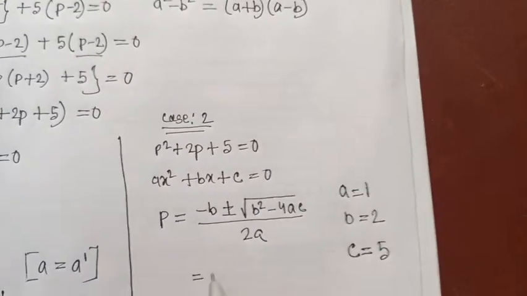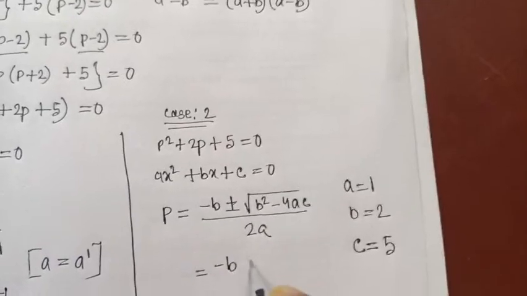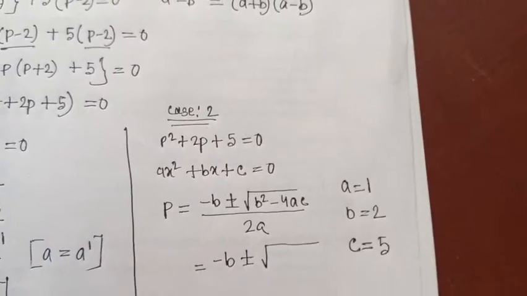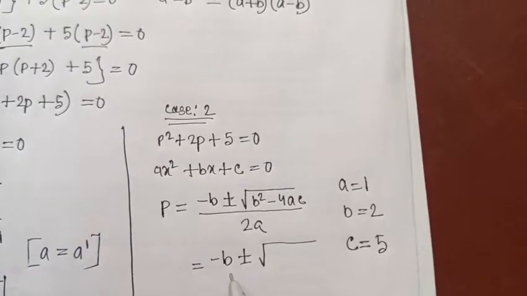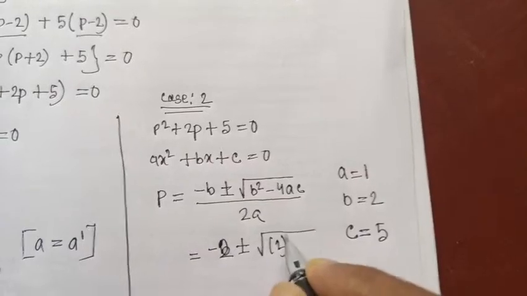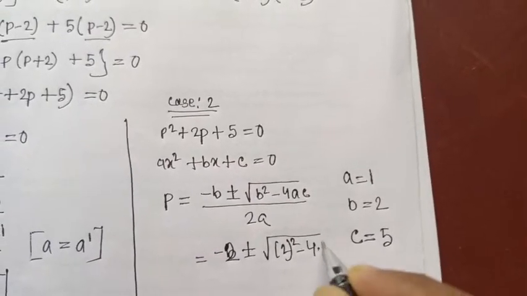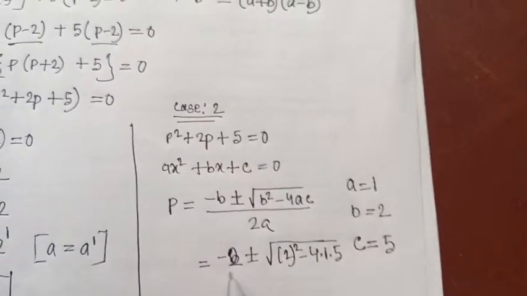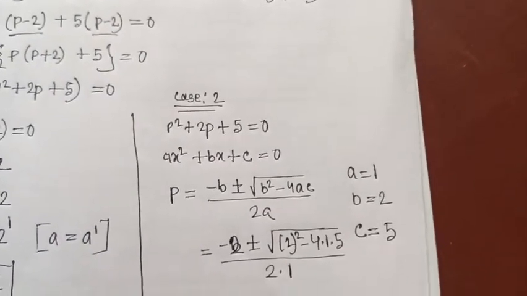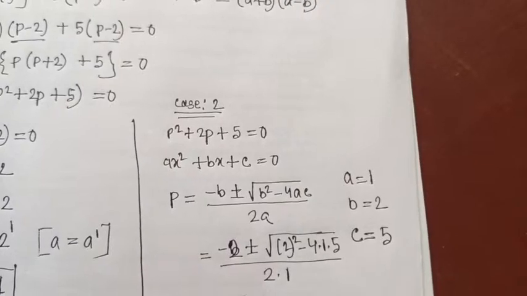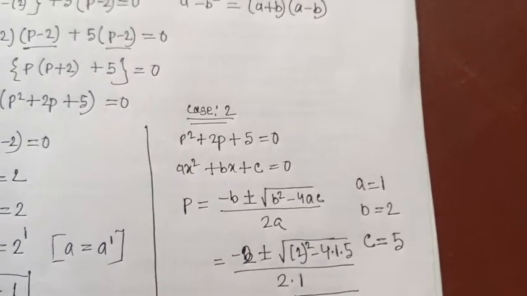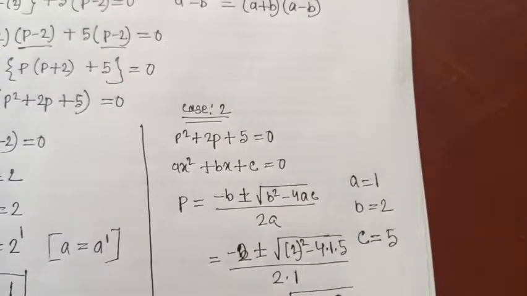So if we put here minus 2 plus minus root over 2 square minus 4 into 1 into 5 by 2 into 1, the equation becomes p equals minus 2 plus minus root over 4 minus 20 by 2.